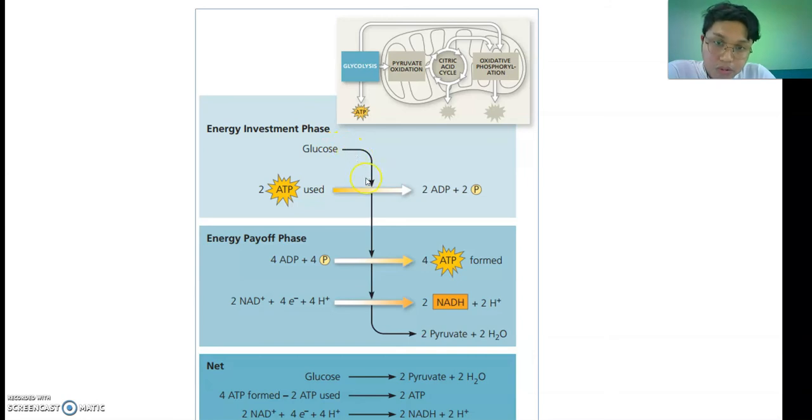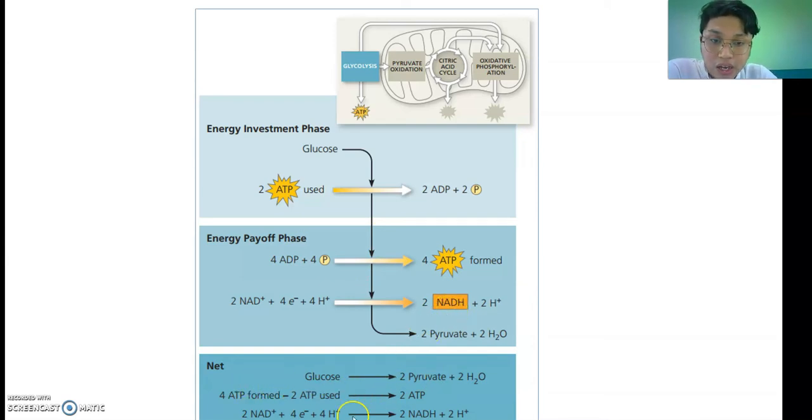So yun nga, yung glucose, ayan, hanggang sa naging dalawang molecules ng pyruvate dahil tatlong carbon yan. Forming your water also. So ito yung energy investment phase. So dalawang ATP yung ginagamit dito at yung payoff naman, so 4 ATP plus 2 NADH, okay?